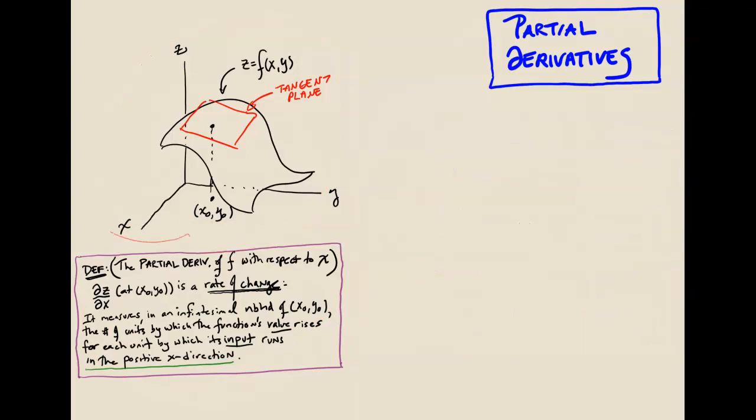Is it possible for us, just by eyeballing this picture here, to get any information whatsoever about the partial of z with respect to x at this point, x0, y0? Well, we can say that at x0, y0, dz dx, well, what can we say? We have to think about the definition of this thing. dz dx is all about changes to this function when we increase the input value in the positive x direction.